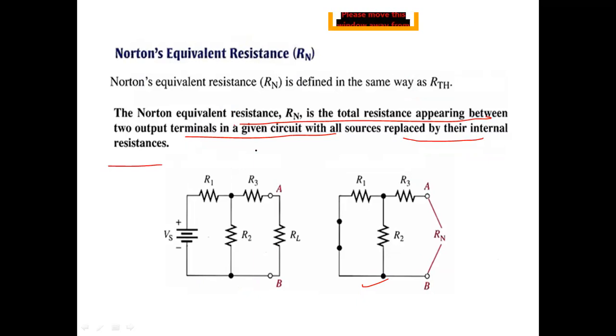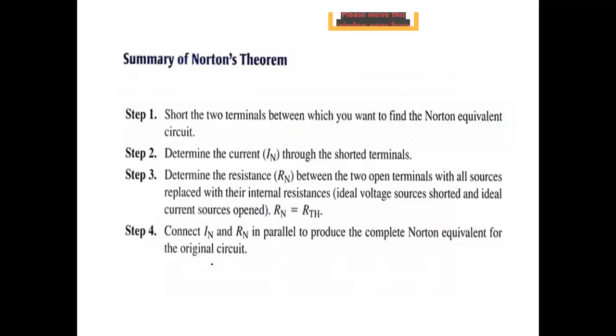Total resistance appearing between these two output terminals, A and B, with the load removed, and all sources replaced by their internal resistance. So you will get the Norton's equivalent resistance at the output of the two terminals A and B.